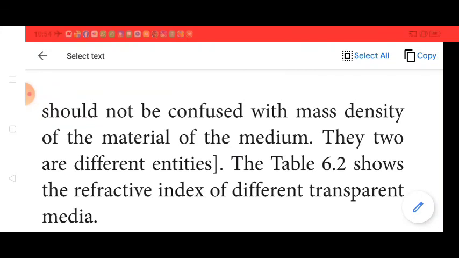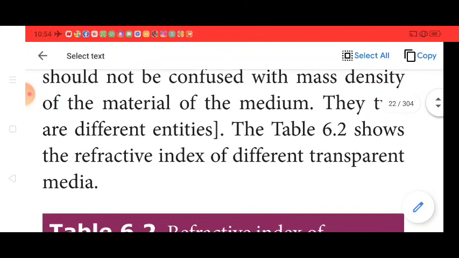Table 6.2 shows the refractive index of different transparent media. See the refractive index of different media.